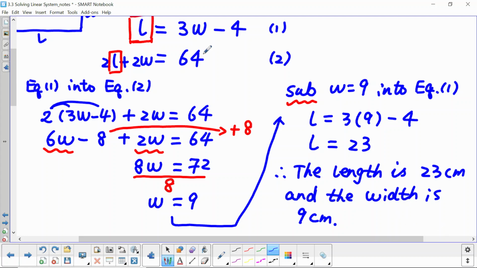You could sub it back to check. So 3 times 9 minus 4 give you 23. Yes, 23 equals 23. It's correct. And the next one, 2 times 23 is 46. Plus 2 times 9 is 18. 46 plus 18, it is 64. So it's correct.